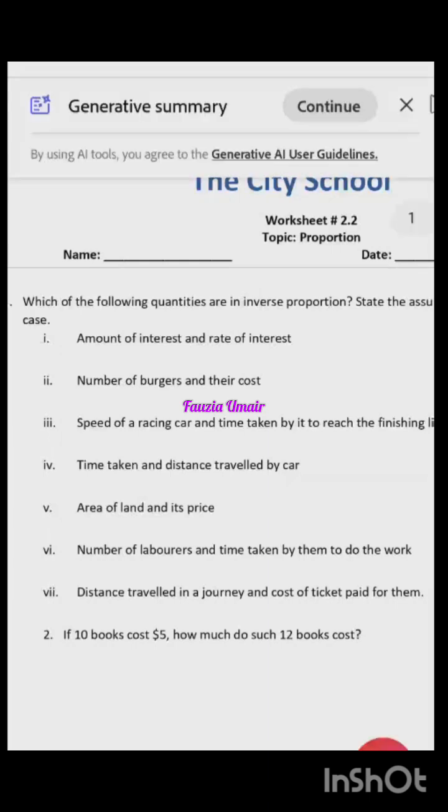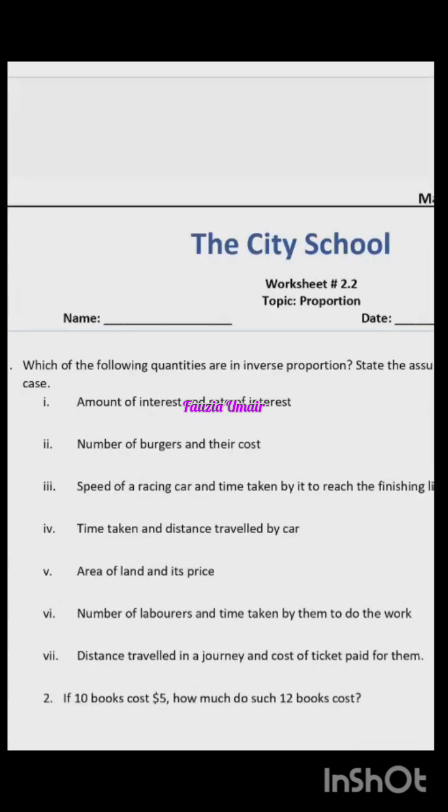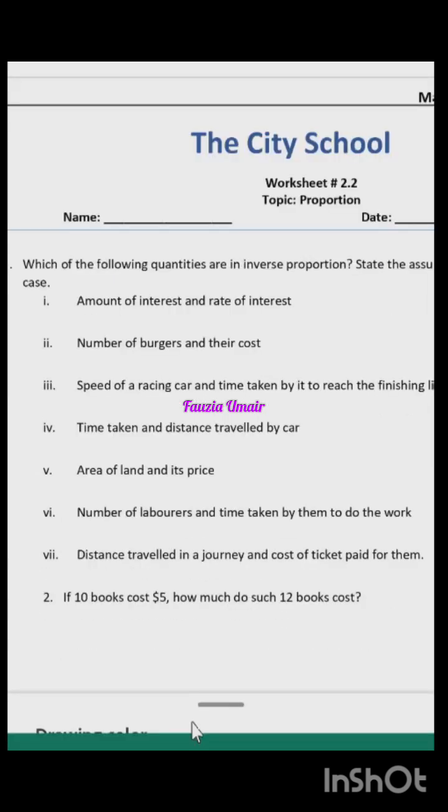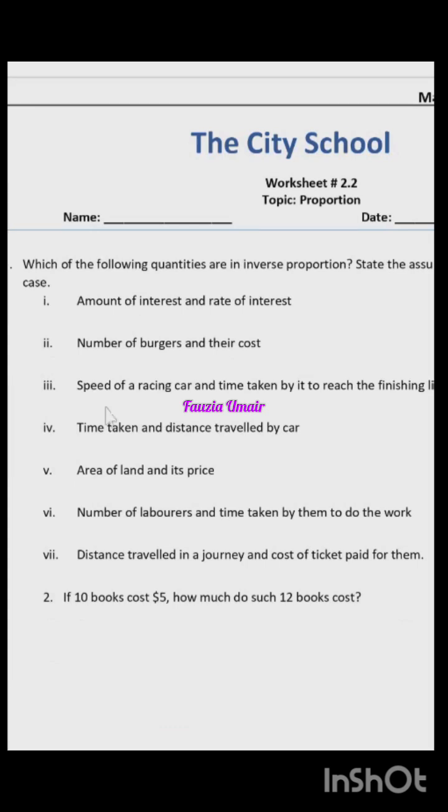The first question is that you need to tell what kind of relation the rate of interest and the amount of interest have. So I want you to raise your hand for the answer.